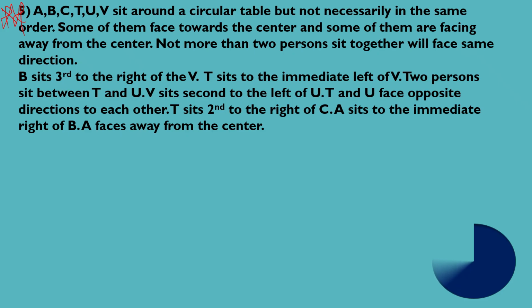And they have said not more than two persons sitting together will face the same direction. So if three people are facing the same direction, that possibility will go wrong. Only two persons can face the same direction, they are saying.